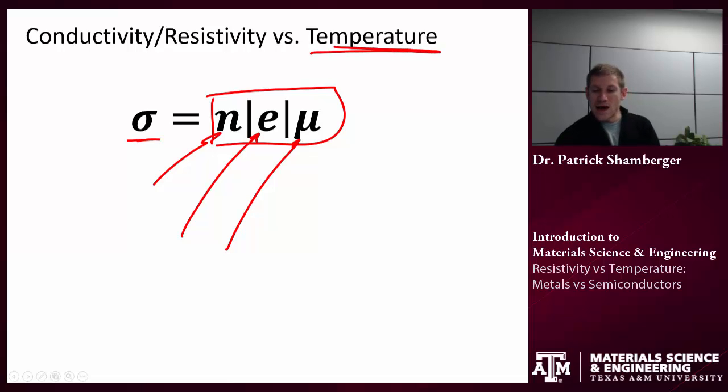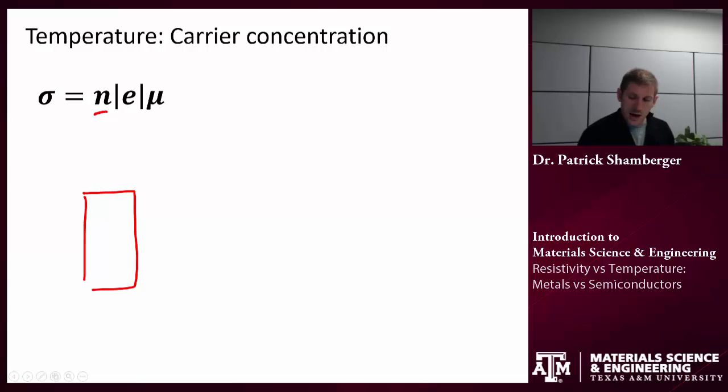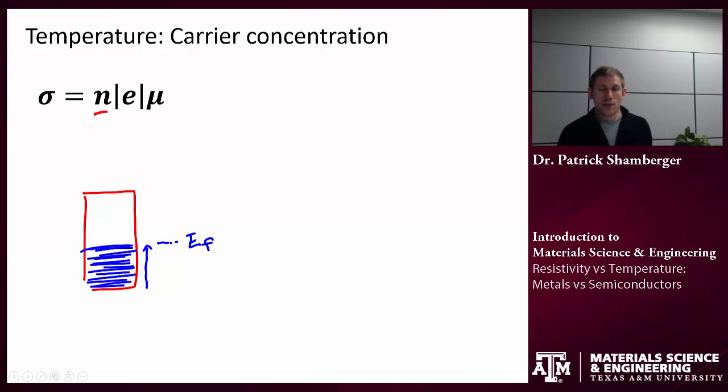So let's think about how temperature affects each of these terms differently. First, we're going to think about N. How does temperature affect the number of carriers in a system? When we drew occupied bands before, we would always occupy them from the lowermost energy up to the point where we ran out of electrons. And we called that highest occupied energy the Fermi level.